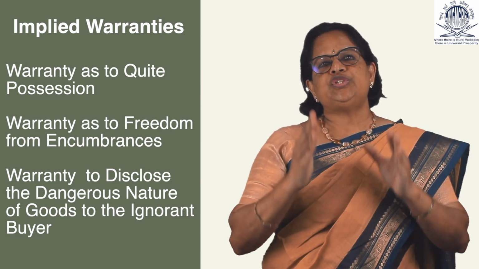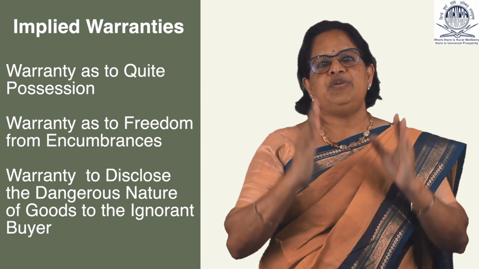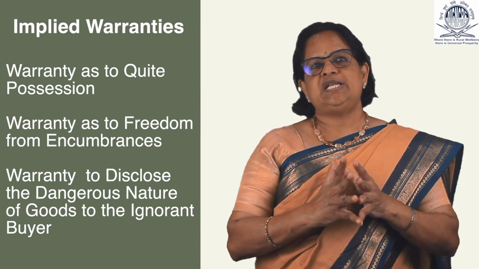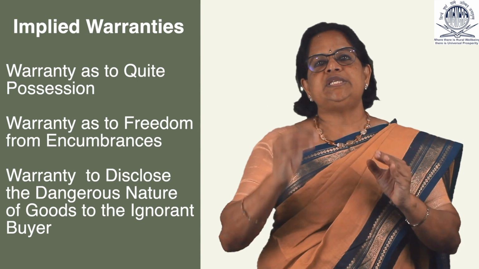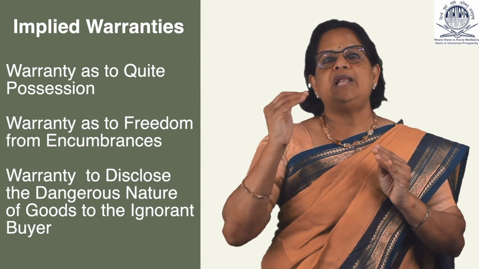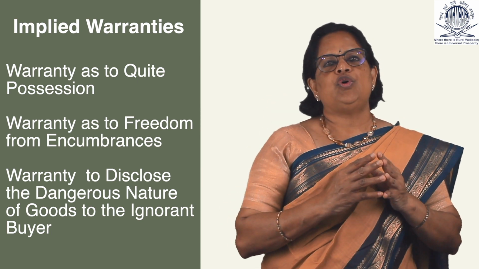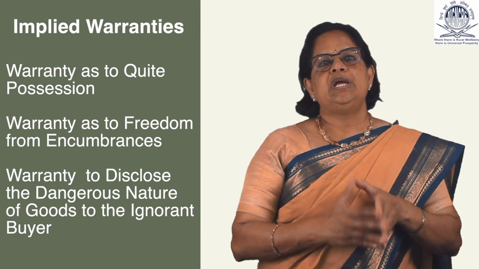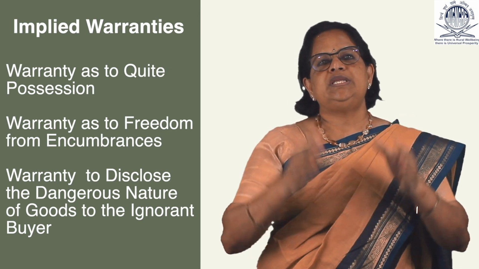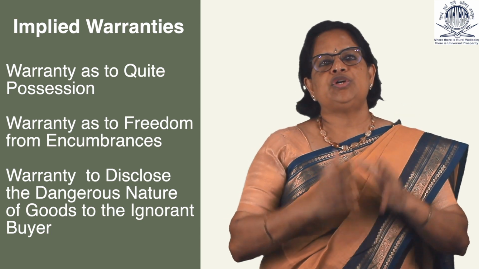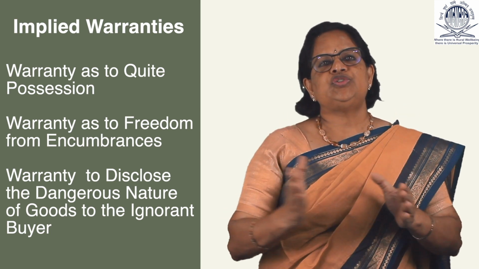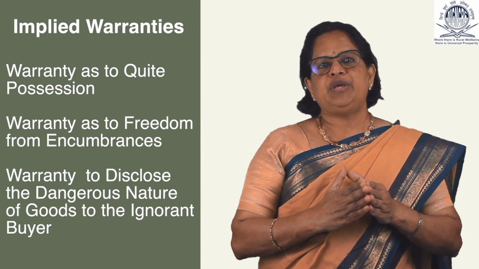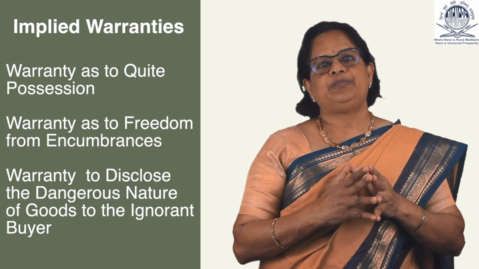If the buyer's possession is disturbed by anyone having a superior title than that of the seller, the buyer is entitled to hold the seller liable for breach of this warranty and he can claim damages from the seller. In simple terms, the seller is the owner of goods or a person authorized to sell the item on behalf of the owner, like a property broker or share broker.